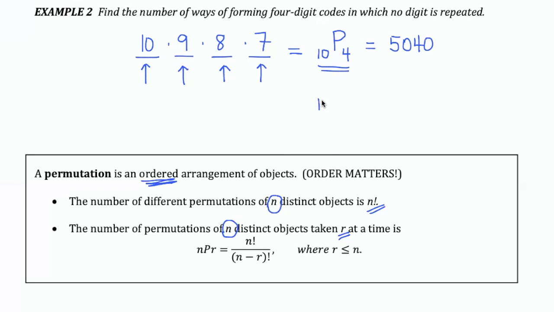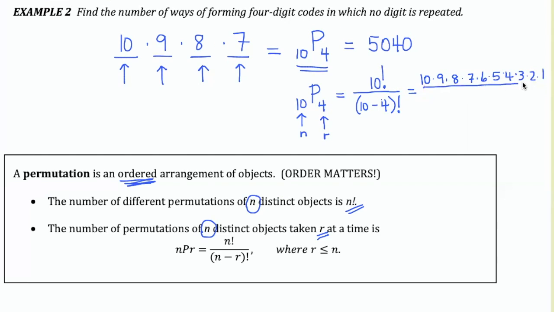So before technology, if you wanted to calculate 10P4, we could technically just multiply this out. However, the formula says that the number on the left is my n, the number on the right is my r, and substituting, I would have 10 factorial in my numerator, n factorial, and then n minus r would go on the bottom. n is 10, minus r is 4, factorial. 10 factorial, again, is 10 times 9 all the way down to 1.